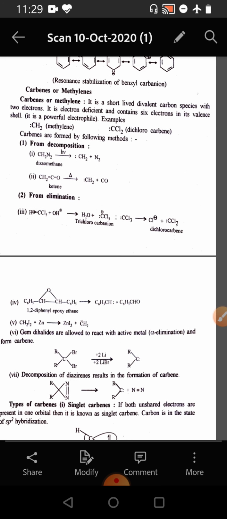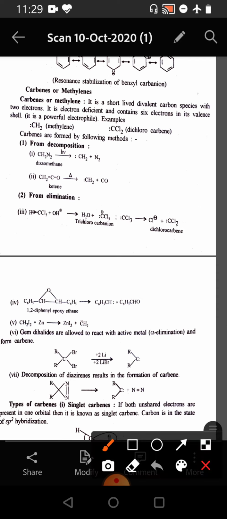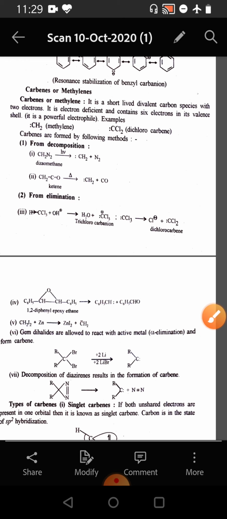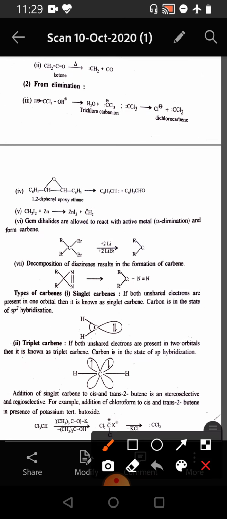Carbenes can be formed in the following methods: from decomposition of diazomethane, from the decomposition of ketene. From elimination, chloroform reacts with hydroxide to form CCl3, and this CCl3 then eliminates one chloride ion to form dichlorocarbene. Or by the splitting up of 1,2-diphenylepoxyethane, this splits to give benzaldehyde and benzyl carbene.